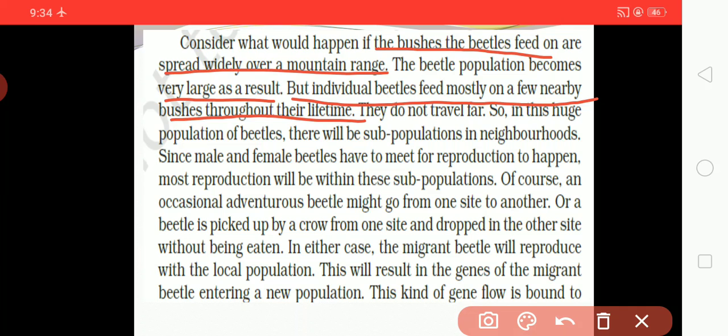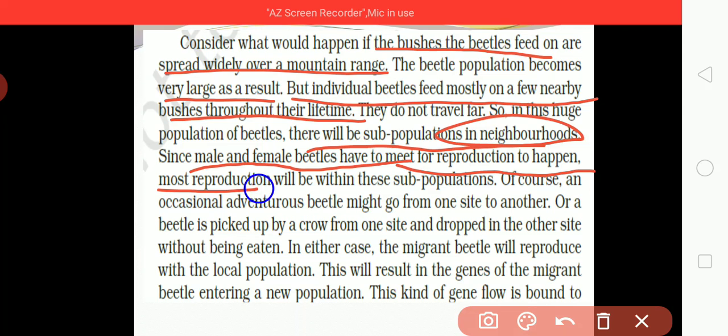So they do not travel far. So in this huge population of beetles, there will be subpopulations in their neighborhoods. Since a male and female beetle have to meet for reproduction to happen, most reproduction will be within this subpopulation only.